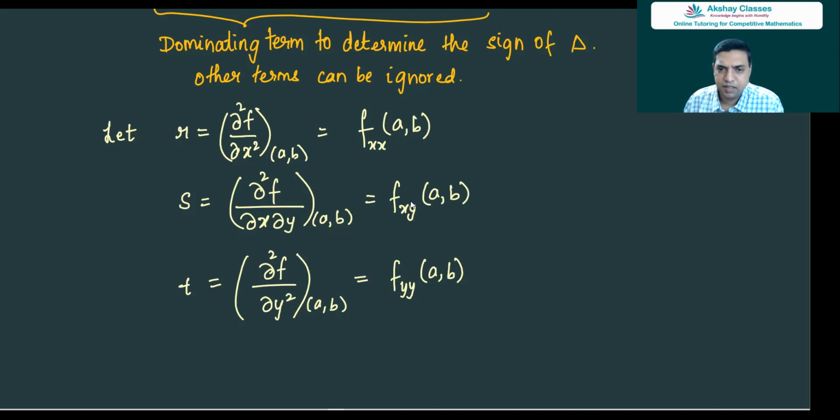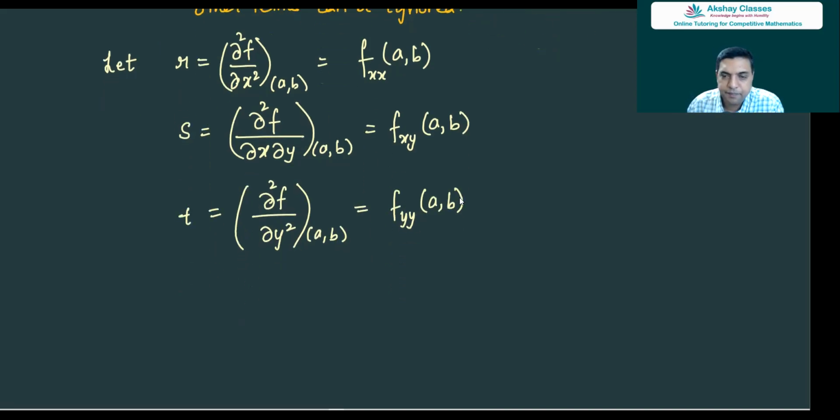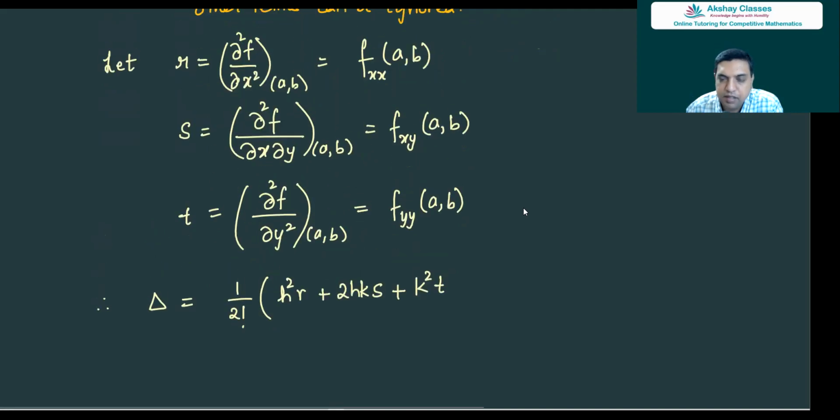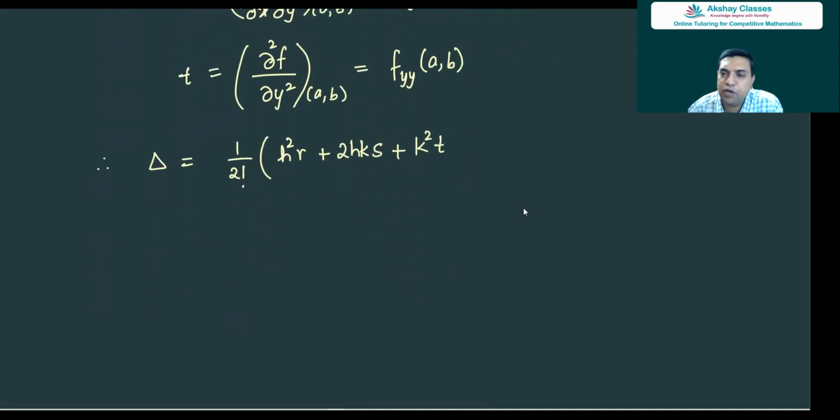So this is r, s, t. Therefore delta can be written as 1 by 2 factorial times h square r plus 2hk s plus k square t.